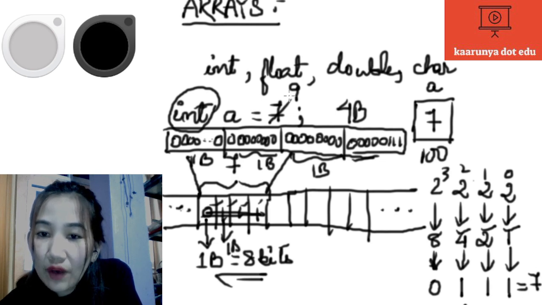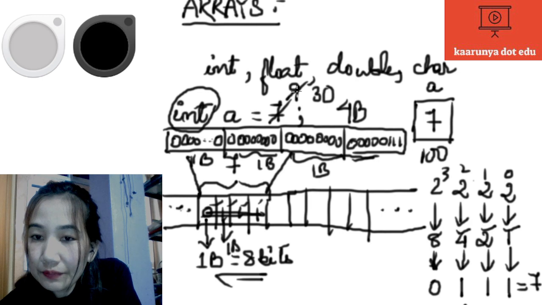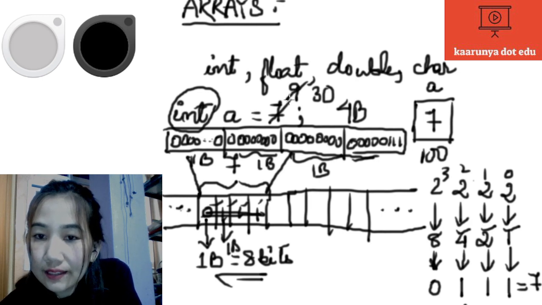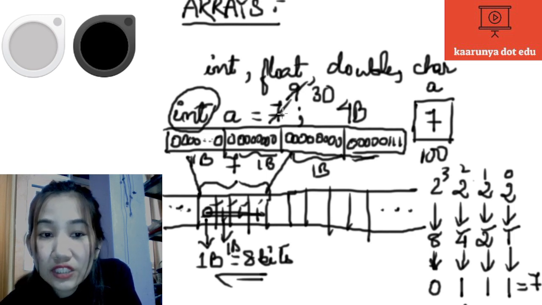And again, a scenario came in wherein I want to store the number 30 in this variable called a. So I will store 30 here, but the number which was previously stored, your 9, will get overwritten. That means there will be no more 9, no more 7, only 30 will be there.